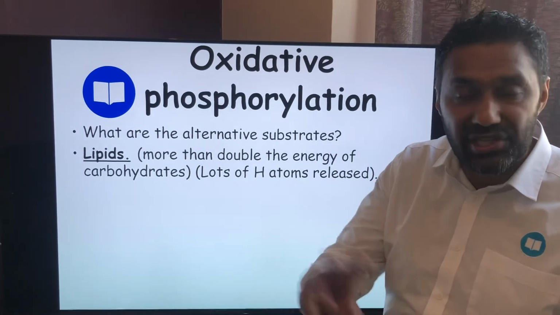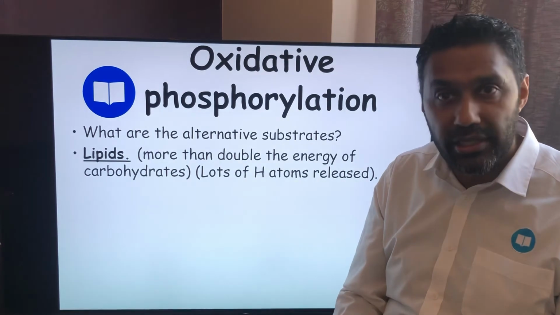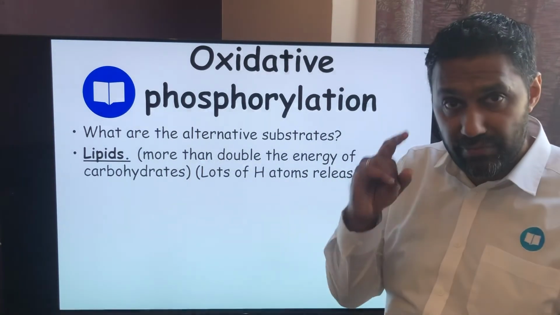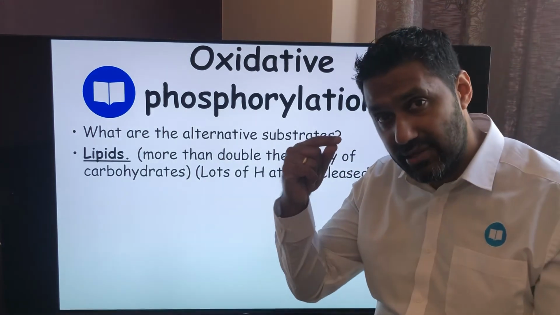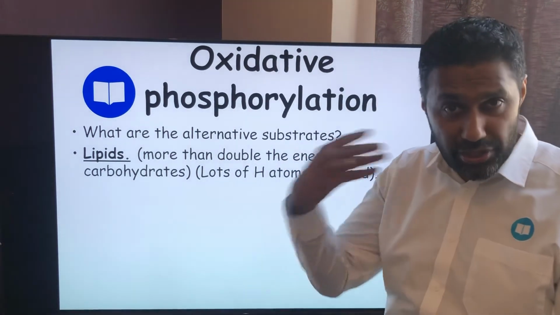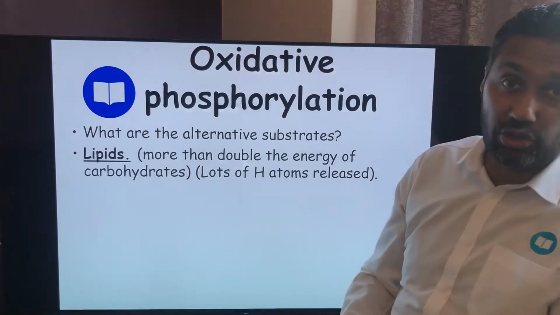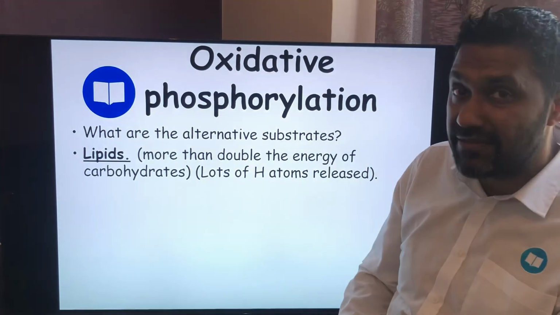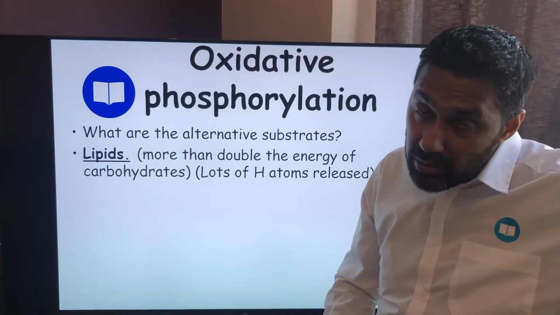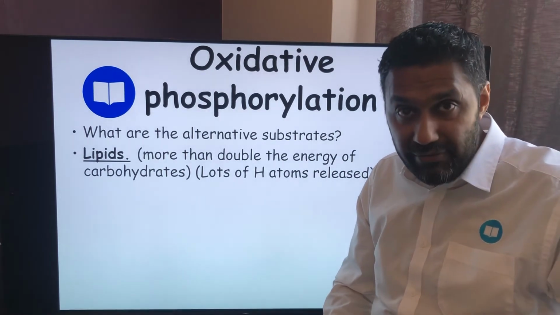At the beginning, we didn't get that many ATPs in total. I think we got 4 in total from the glycolysis, and after the link and the Krebs cycle, we only got 4. So the other 34 happens from the electron transport chain, which is the oxidative phosphorylation. Remember we talked about substrate level phosphorylation? Glycolysis has substrate level phosphorylation.